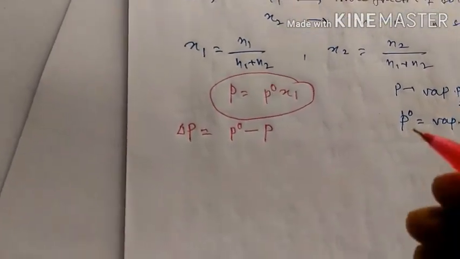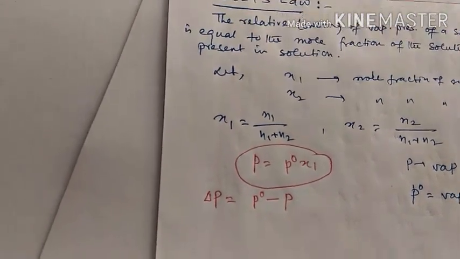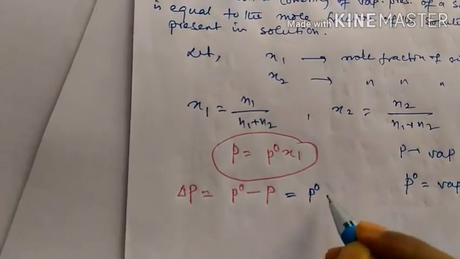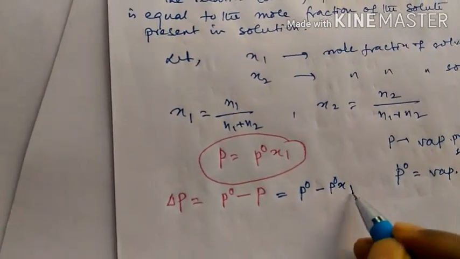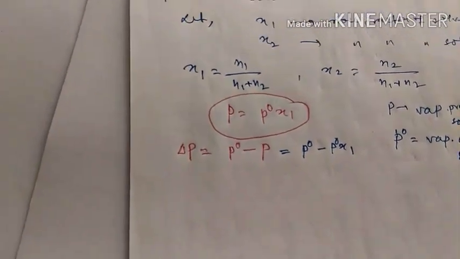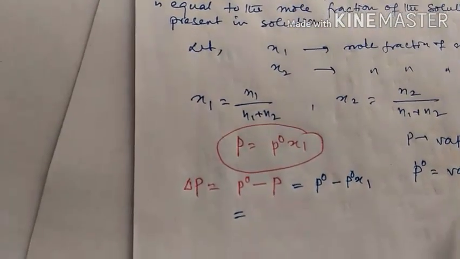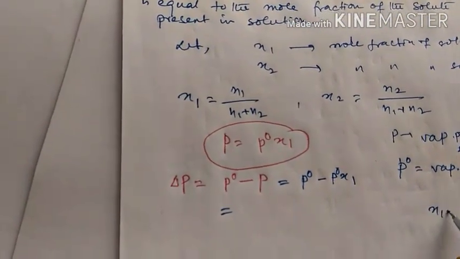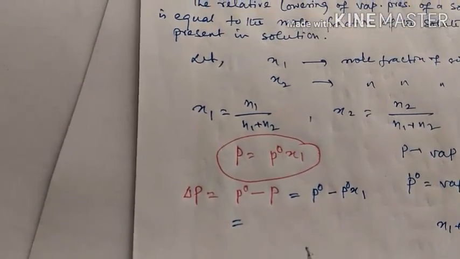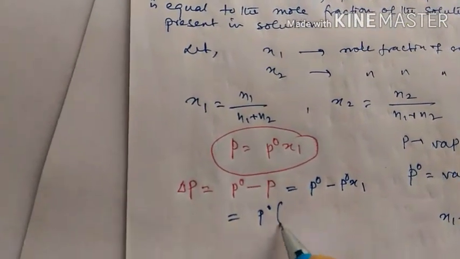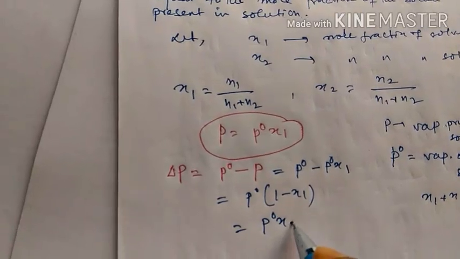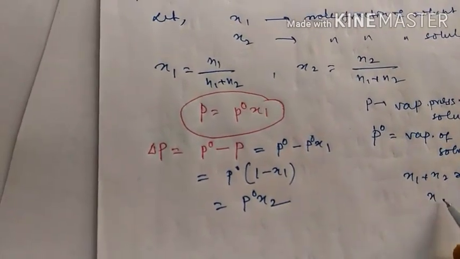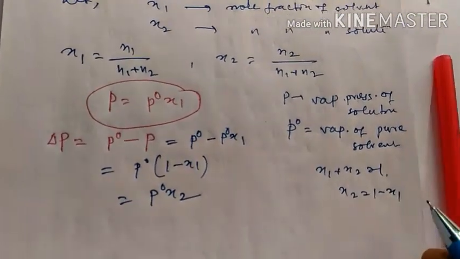Putting the values, P0 minus P is P0 minus P0 into x1. Since x1 plus x2 equals 1, taking P0 common, P0 into 1 minus x1, so you can write P0 x2, because x2 equals 1 minus x1.